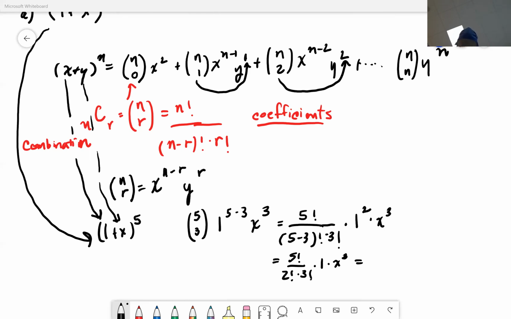So you go to menu, scroll down to probability, go to combination, press enter, and then it's nCr, and you would put 5, comma, 3, close the parentheses, press enter, and it says 10. Only if you are careful. And so the coefficient is 10. Voila, like magic.